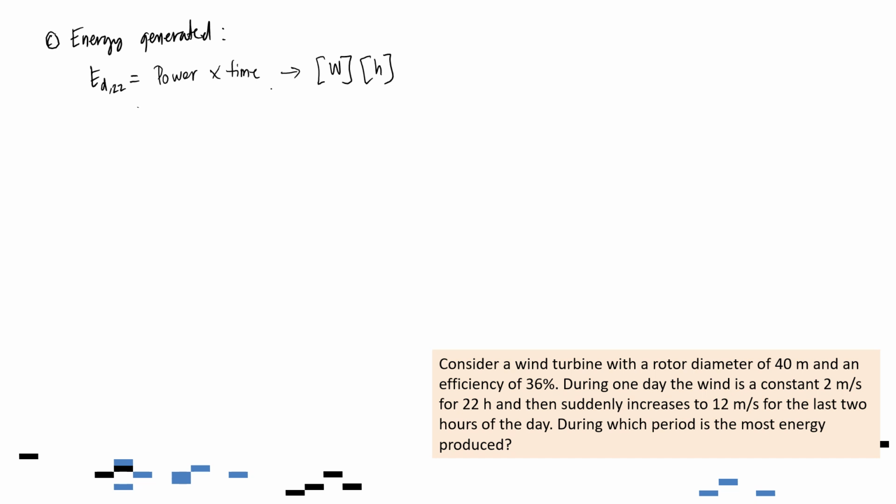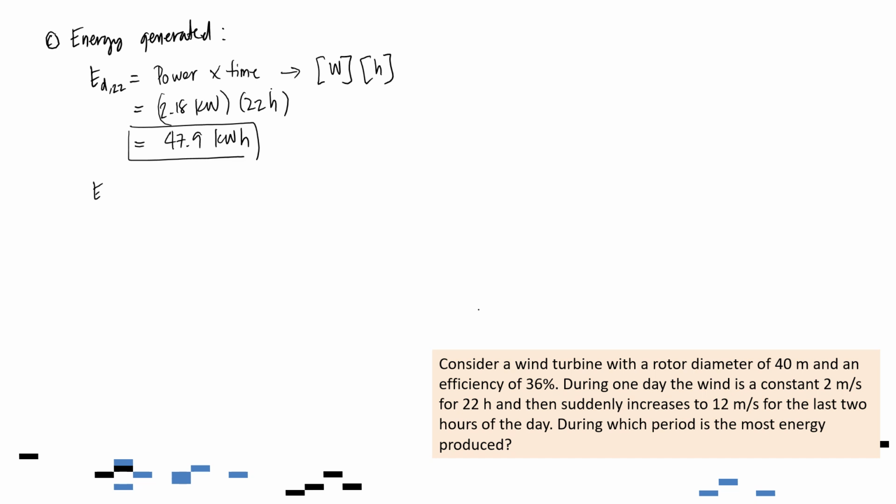The same way, we already calculated the power. The first power for 22 hours is 2.18 kilowatts times 22 hours. All right, so we get the energy for daytime at 47.9 kilowatt hour. So that's the energy for daytime, or the 22 hours of generation.